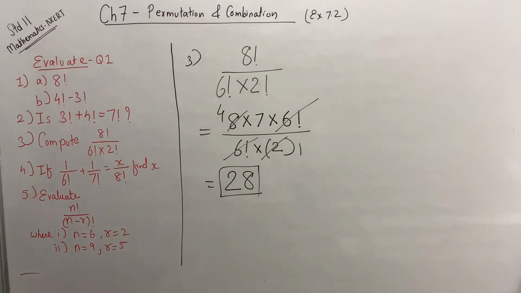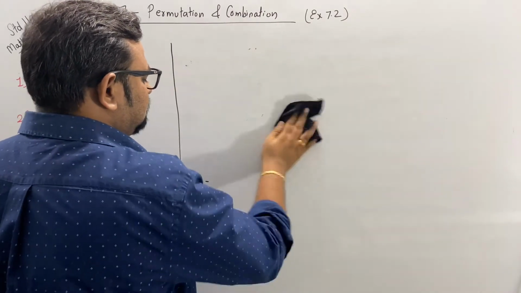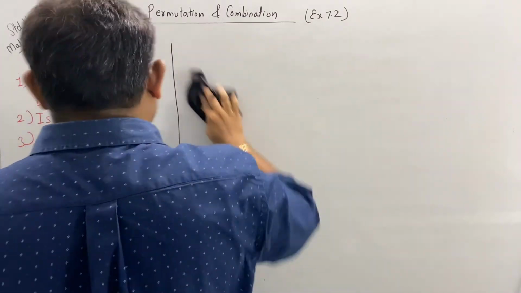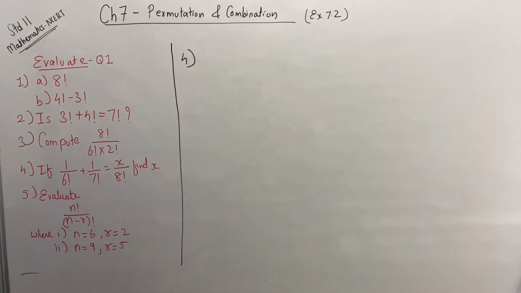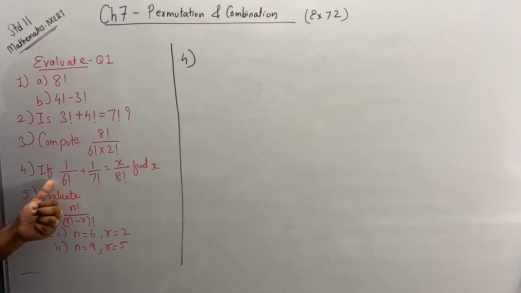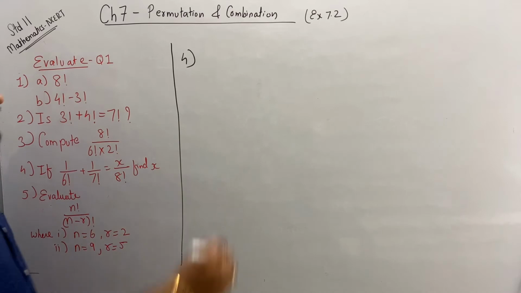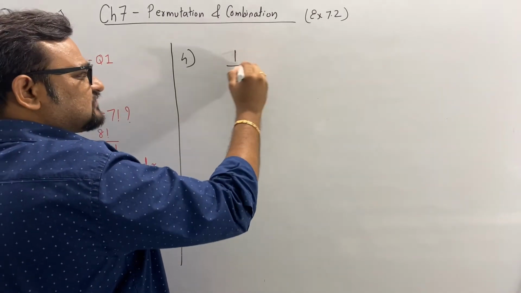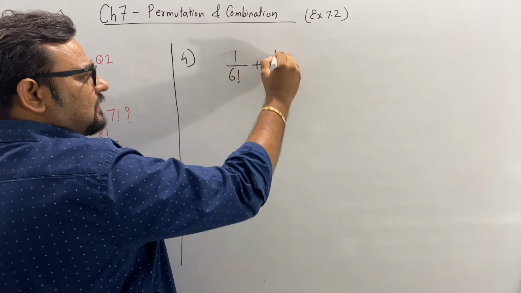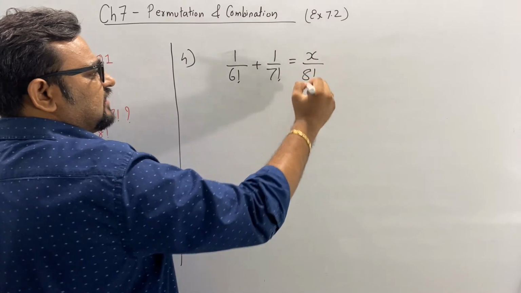Okay, let's move to the next one. Question number 4. It is given, sorry, 1 by 6 factorial plus 1 by 7 factorial equal to x by 8 factorial.